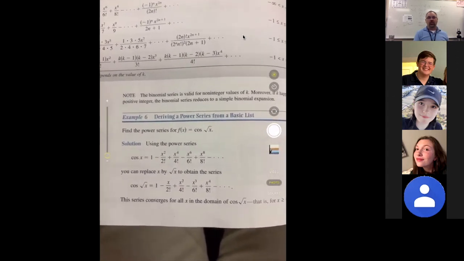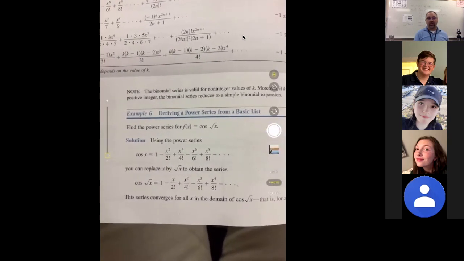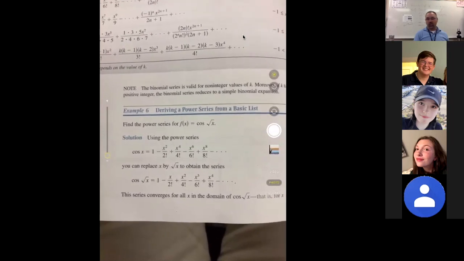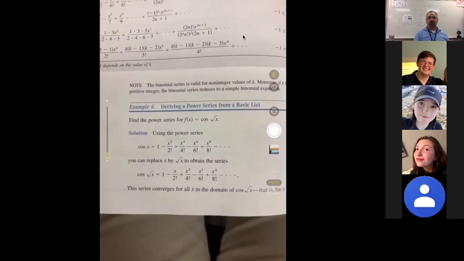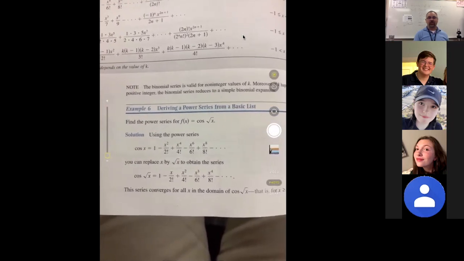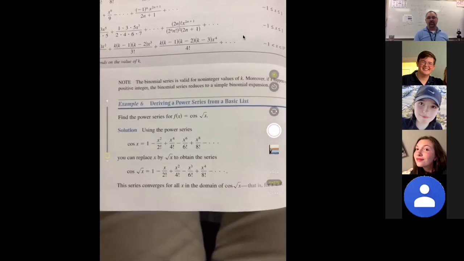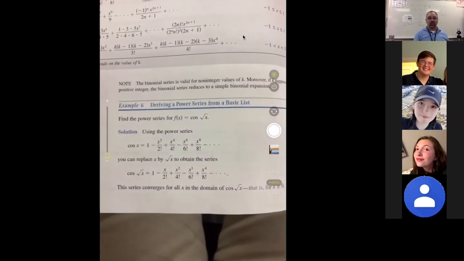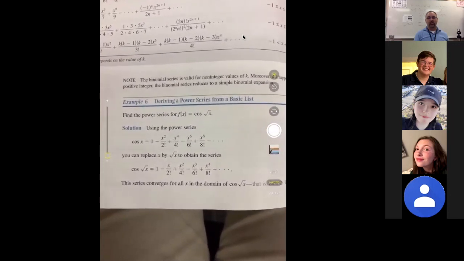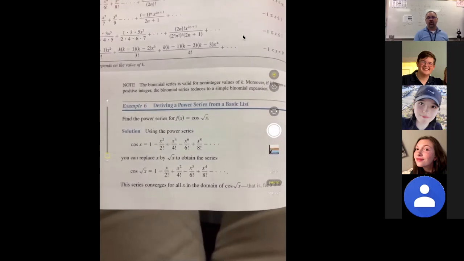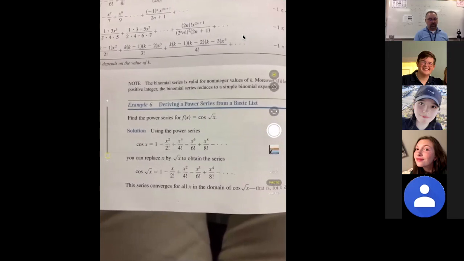The good news is we don't have to, because that's cosine of x to the 1/2, and using the theorems from 8.8, you could just plug x to the 1/2 into your series for cosine of x and come up with the series 1 minus x over 2 factorial plus x squared over 4 factorial, and so on. It works quite nicely.